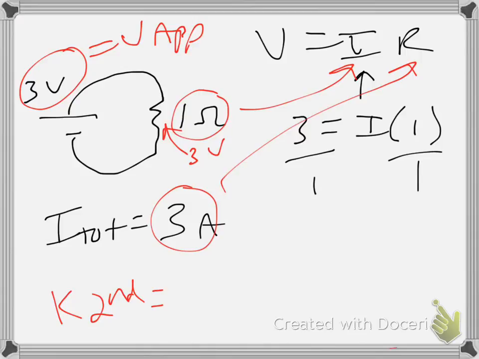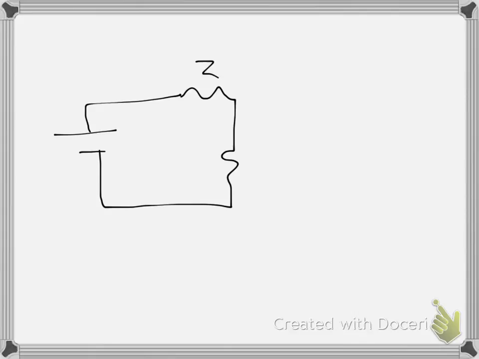Let's look at a slightly more complicated example. Let's say I give you that current is 3 amps. I'm sorry, current is 1 amp.